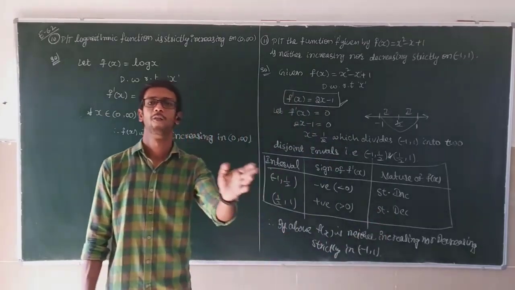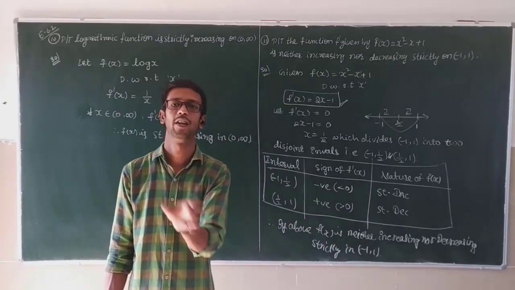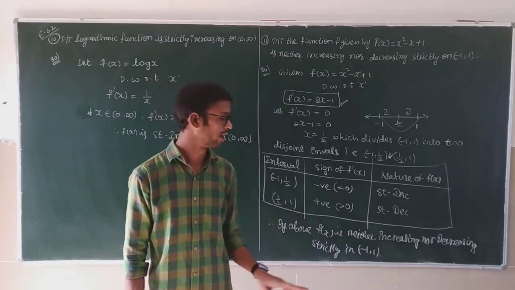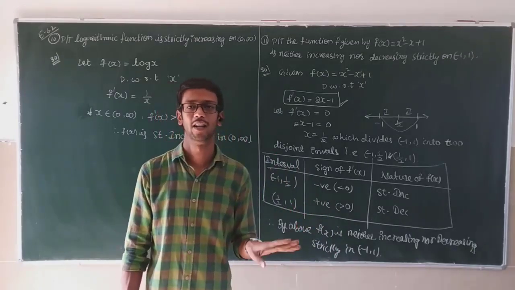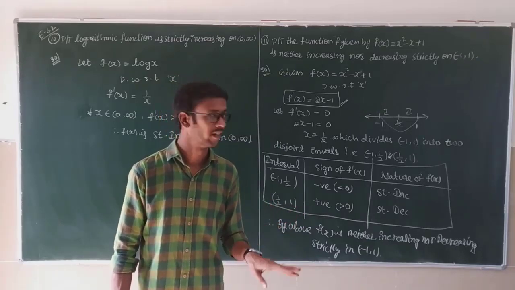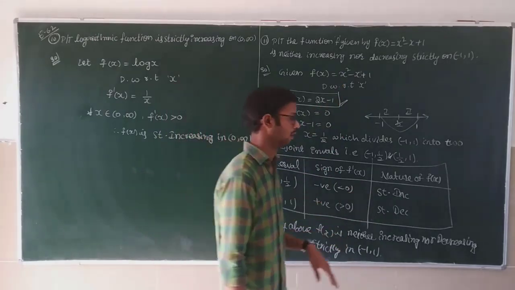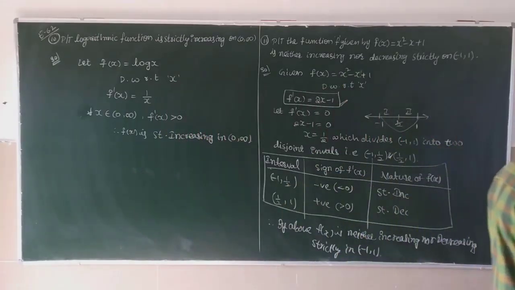Why? Because in this interval, half it is decreasing, half it is increasing. Two possibilities are there. At that time we can't say it is increasing or decreasing; it is neither increasing nor decreasing strictly. Why? Because strictly conditions are there, so strictly we have to write. So pause the video to note it down.